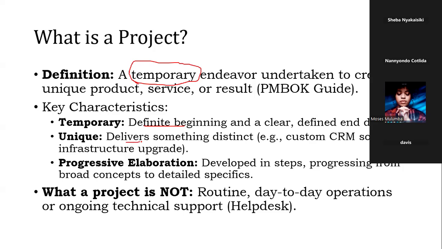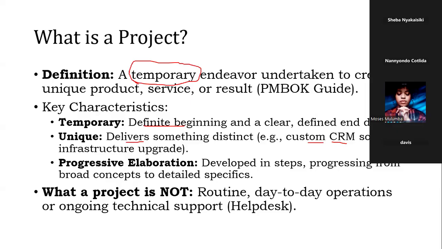Then you deliver something distinct, something that wasn't there before. Okay, so for example, you may want to do a CRM software system infrastructure upgrade. Maybe you want to implement a new customer relations management system, or you may want to do a system or infrastructure upgrade.